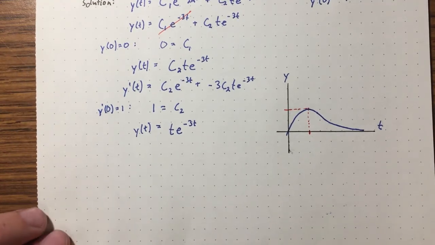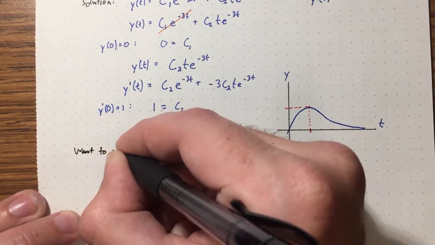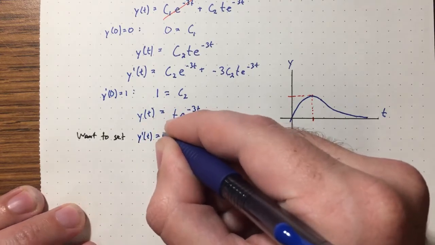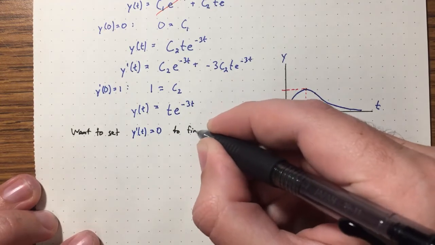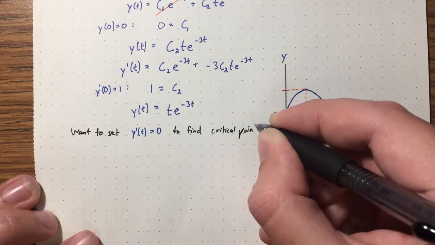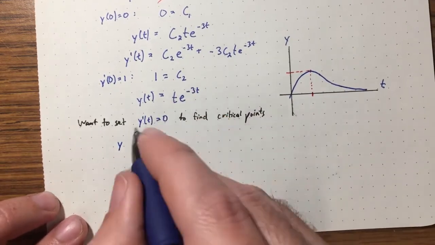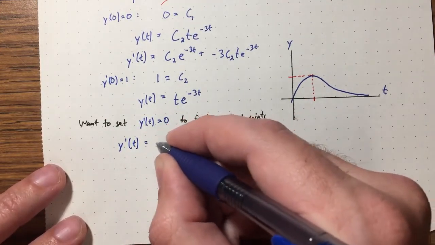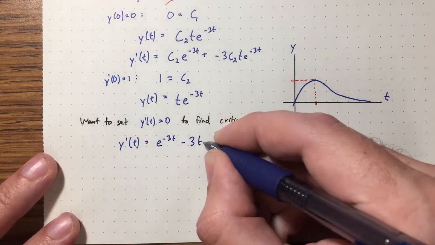Okay? So we want to set the derivative of our function equal to 0 to find the so-called critical points. I suspect we'll just get one critical point, and that will be our maximum. So let's take the derivative. We sort of already did that up here, but it's going to be e to the negative 3t minus 3t e to the negative 3t.